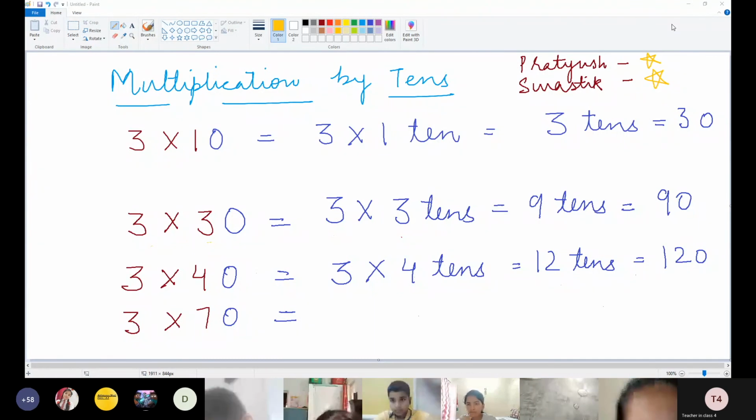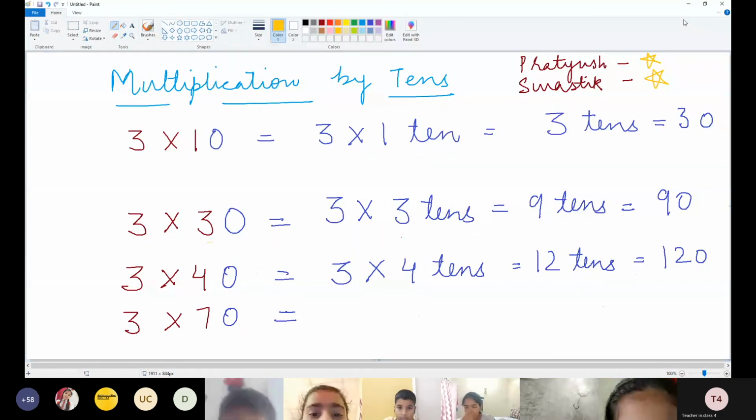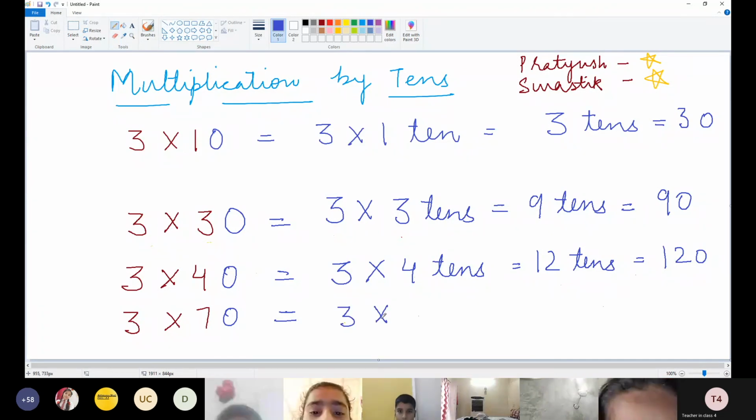Mansi, quickly tell me what will be the next step. Switch on your camera first. Yes, Mansi. Quickly tell me what will come next. Ma'am, 3 into 7. Wait, beta, wait. Let me write. So, children, quickly write this in your notebook. 3 into 7, 7.